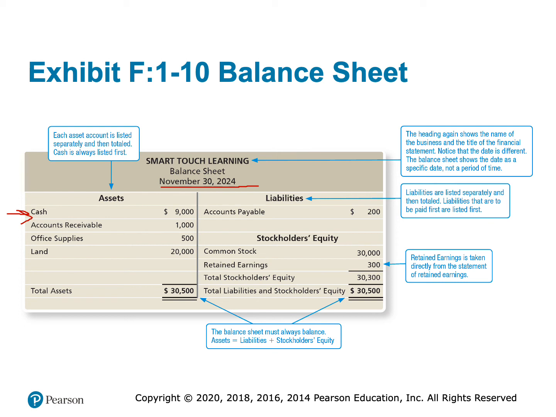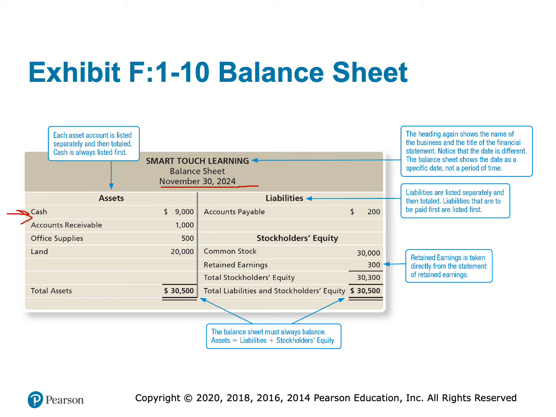So then on the right side, we've listed our liabilities. We only had one liability, so that really was the total. But if we had multiple liabilities, we'd list them all out, add them up, and say total liabilities. And then we listed our stockholders' equity. Now remember, there's only two parts of stockholders' equity. It's contributed capital, which for our purposes is common stock for right now until we get to Chapter 13, and retained earnings.